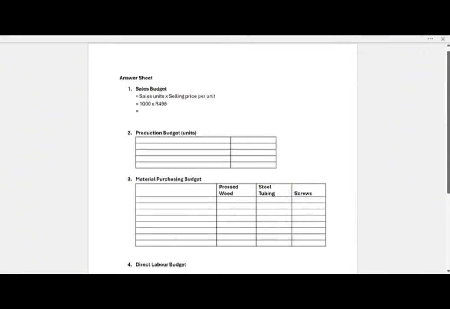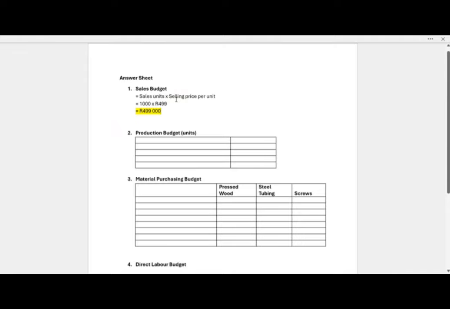On our calculator we say 1000 multiplied by 499, and I am getting a sales budget of 499,000. That is the sales budget. I'll just highlight it there. All right, we are done with the sales budget.